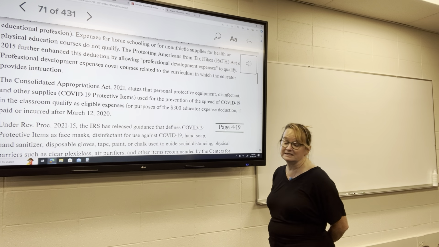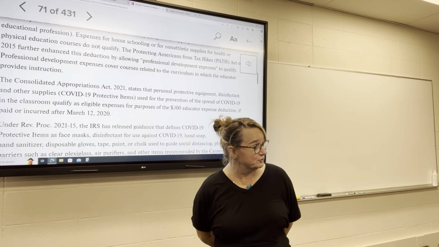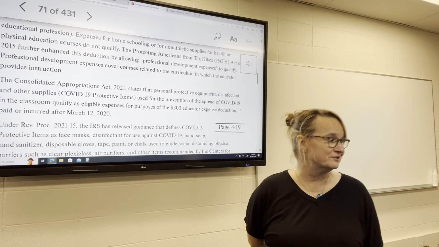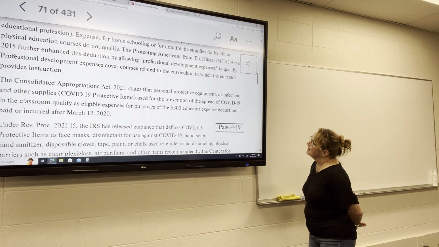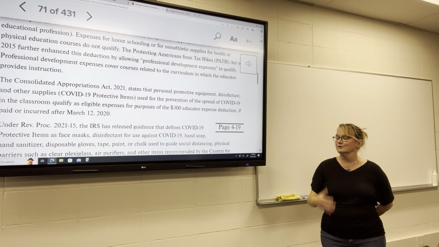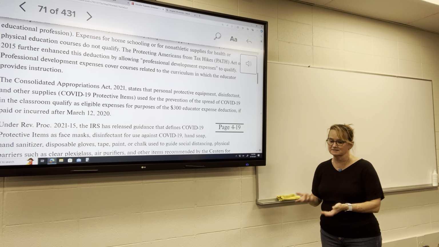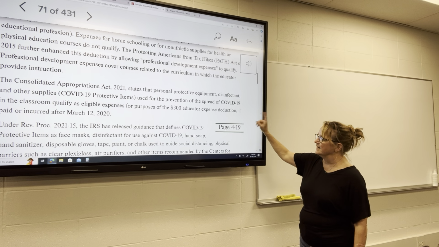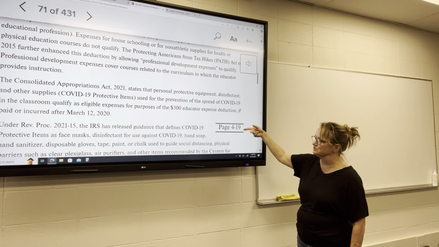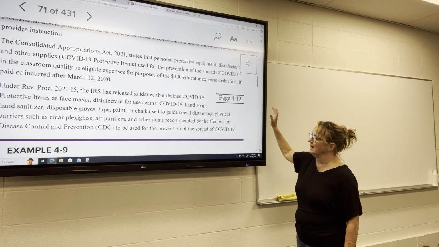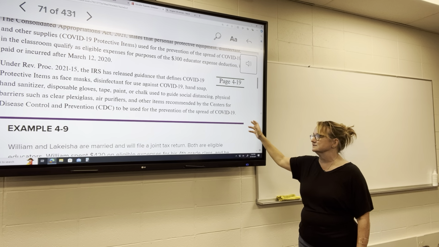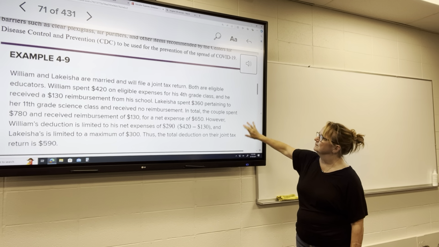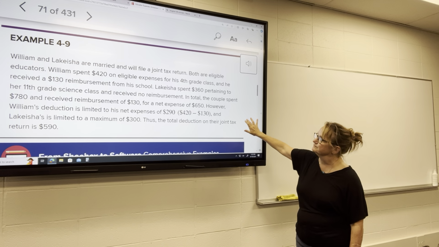I don't know if that means that it's only, like if you're trying to prevent the flu, it doesn't count, but the spread of the flu, I don't know, COVID special, it's got its own classification. But like, you know, masks and hand sanitizer and stuff like that, Kleenex, I don't know. So it has to have been paid or incurred after March 12, 2020. I'm assuming that's still in effect. Anyway, so those are eligible expenses.